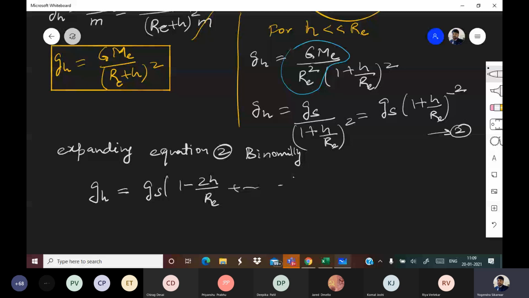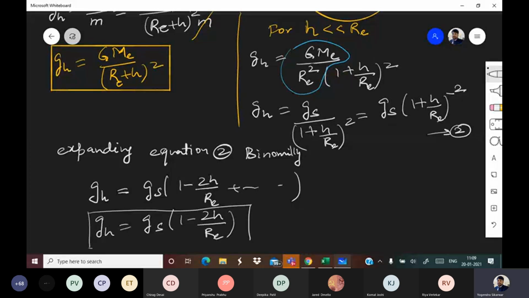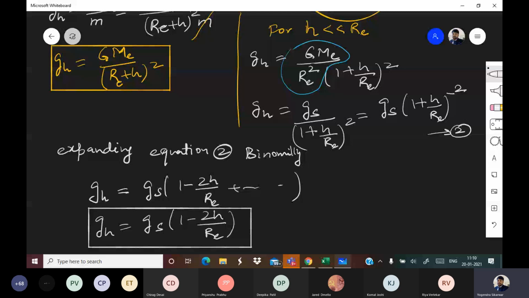So GH is equal to GS into 1 minus twice H upon RE. So this is equation number 3.